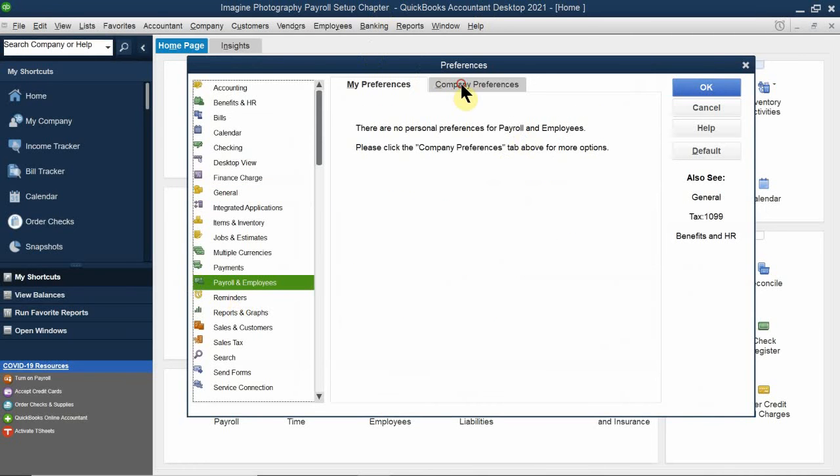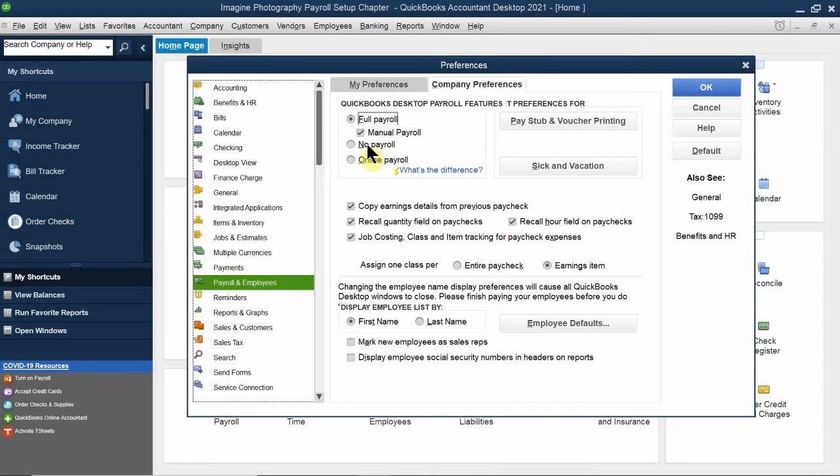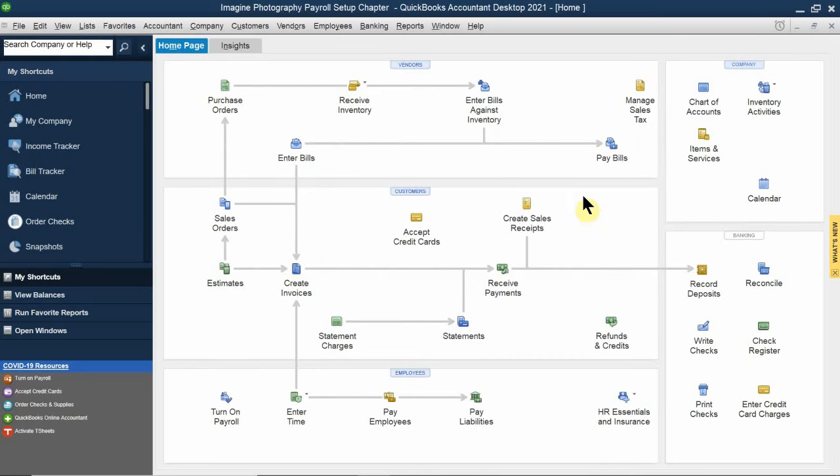Right, that I have the manual services on. In this case, I have full service payroll for manual payroll. Okay, I'm not subscribing to an online payroll or anything like that. Okay, I'm doing a manual payroll, and I'm going to click OK. So in this case, I don't have a payroll center. Okay, that means if that's the case, then you have to be very responsible about how to make those payments to your employees by using the calendar here in QuickBooks.